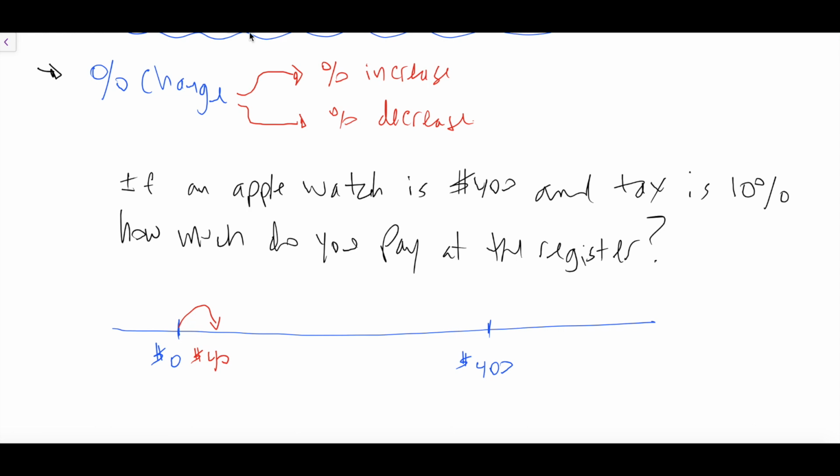And we know that we also figured out that this is 10%. So 10%, we went from 100% by hitting it by 0.1. You did 400 times 0.1, you got your 40.